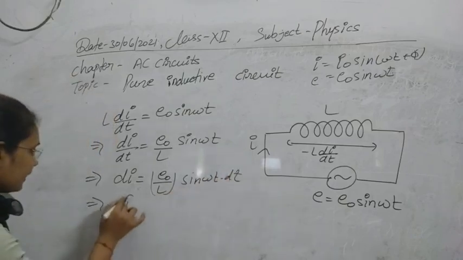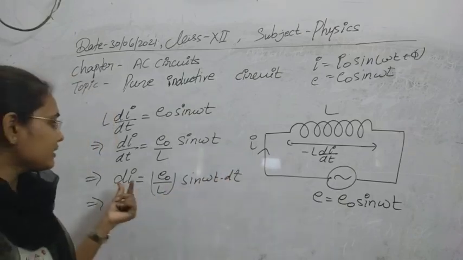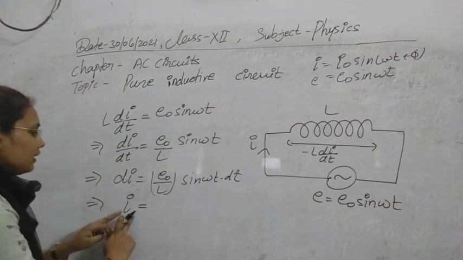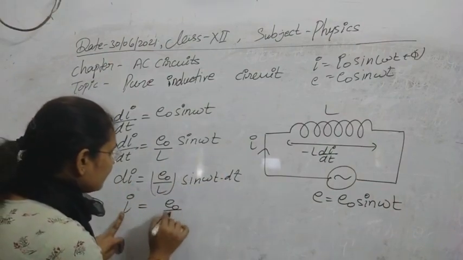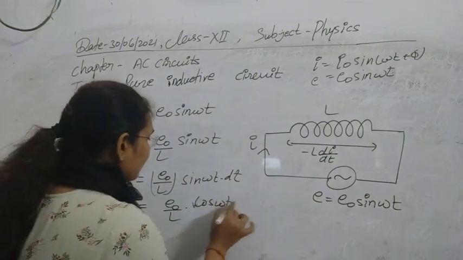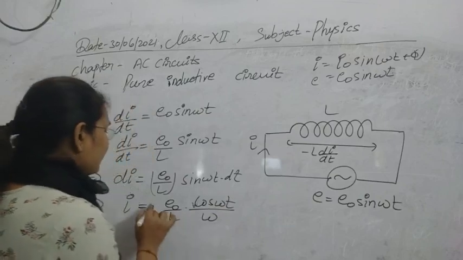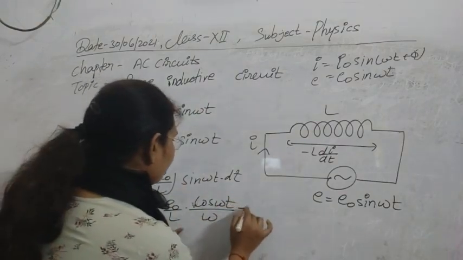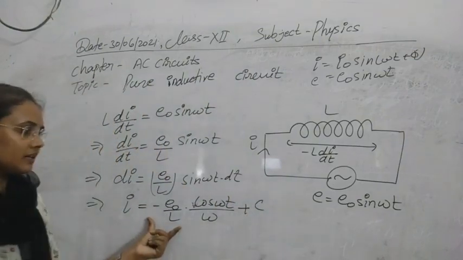Now whenever we integrate this, after integration we will get the instantaneous value of the alternating current. According to the integration, this will be equal to cos omega t upon omega, with a minus sign for this integration, and plus we can write some constant c here.